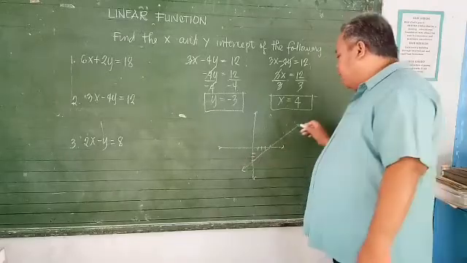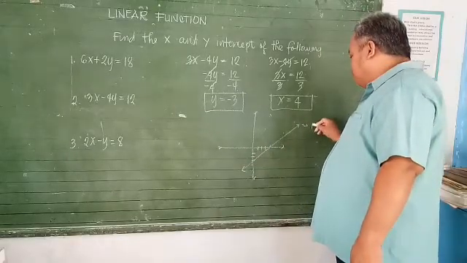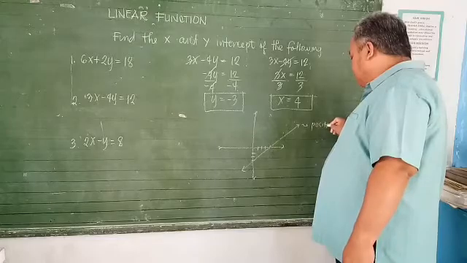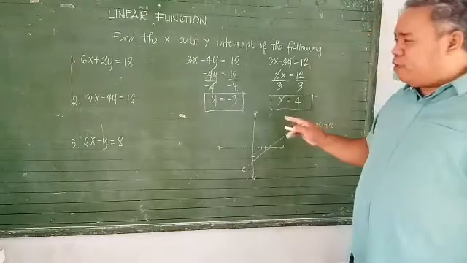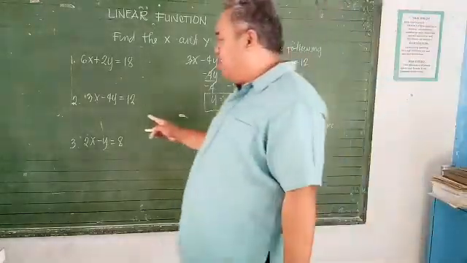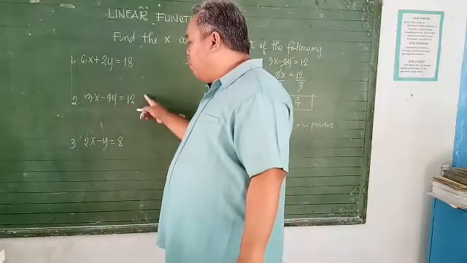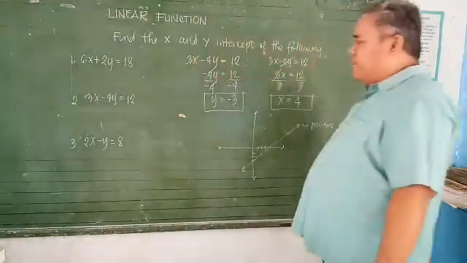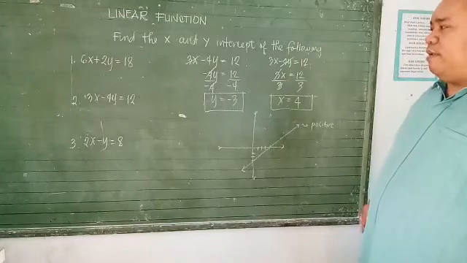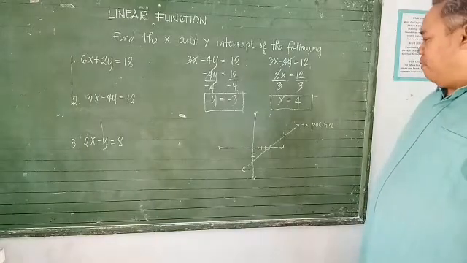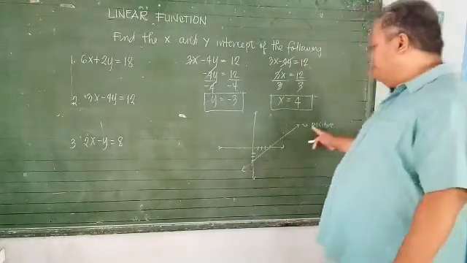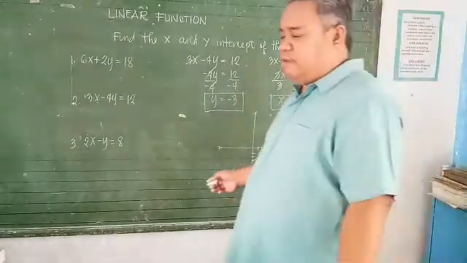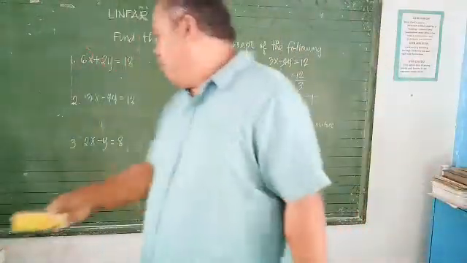Left to right, it is what we call a positive slope. Kasi if you're going to look at the equation, makakancel mo yan dito, ito yung magiging positive. Okay? Maliwanag po? So from left going to right. Okay.